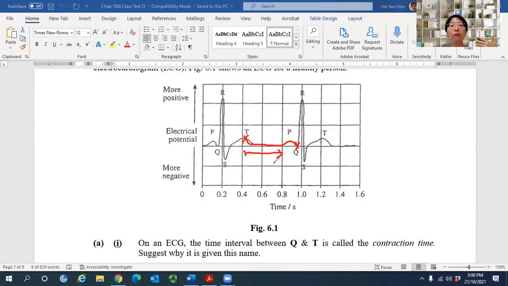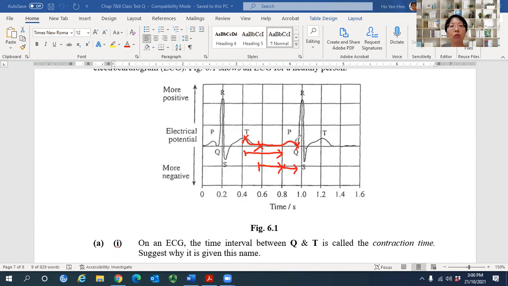So the atria is being filled with blood. Sometime later after the ventricle relaxes, the AV valve will open. So when the AV valve opens, the blood will start to flow from atria to ventricles. Then 70% of blood flows in here, the remainder 30% flows in after the atrium contracts.